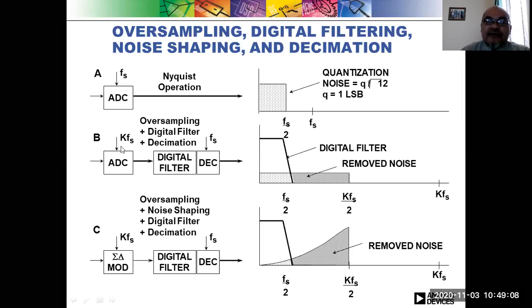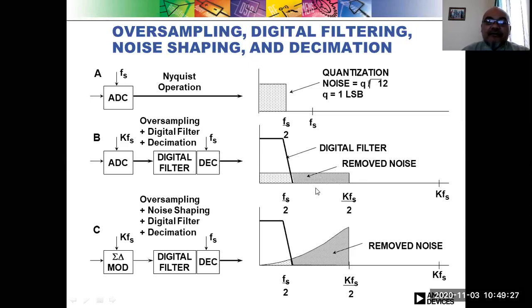Then if you do oversampling, your sampling frequency is K multiplied by Fs, plus digital filter and decimation. Then you can remove some noise.